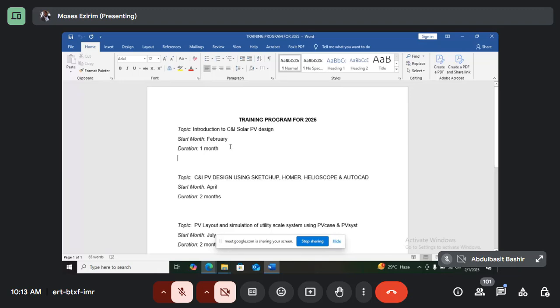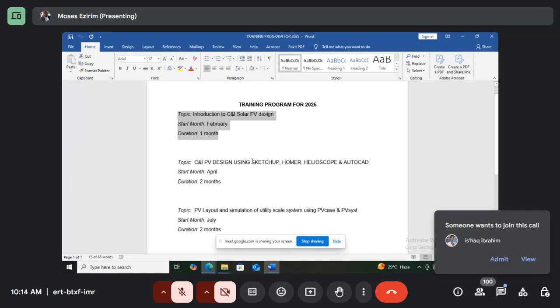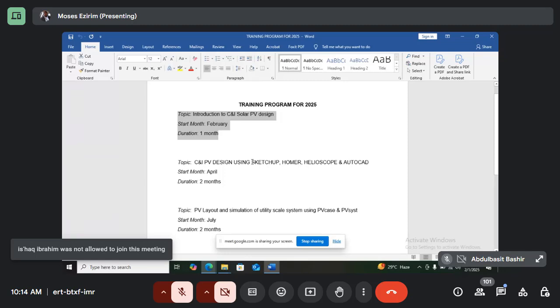By April, we are going to be looking at the software that you are talking about, because after you've known the manual method, trust me, the software becomes very easy. We are going to be looking at SketchUp. SketchUp is actually a layout platform for solar design.